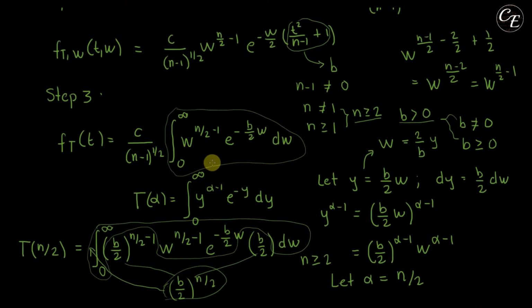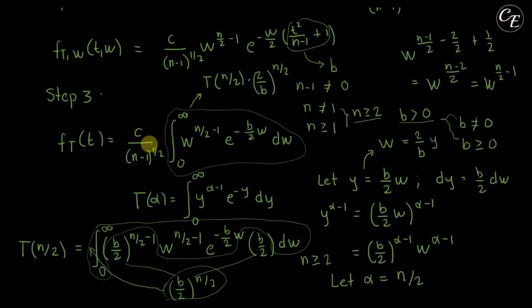So now this expression in here will be gamma of n over 2 over this constant. So we can put gamma of n over 2 and then over this, or we can just multiply it by the reciprocal of this. So we have here 2 over b raised to n over 2. So now let us use another sheet.